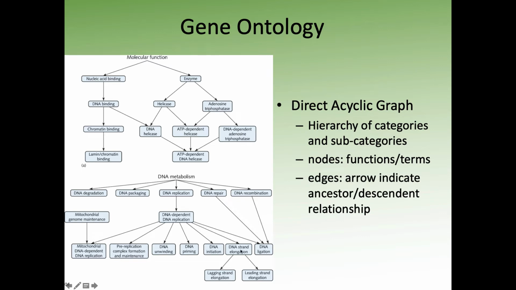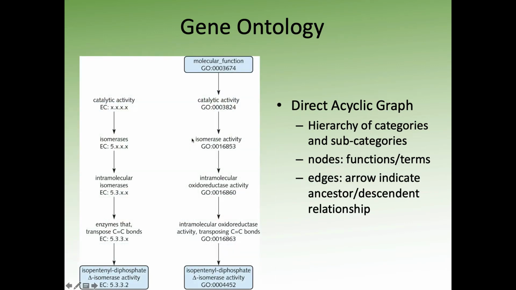And so in this way, we have these nested categories, which are not always mutually exclusive, right? Like we can see that sometimes an ATP-dependent helicase could be associated with two different types of enzymes, either a helicase or an adenosine triphosphatase, right? But they are hierarchically related. There can be this ancestor-descendant relationship between these different nodes.